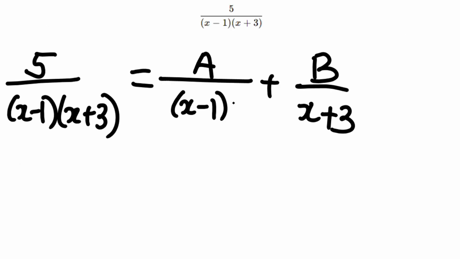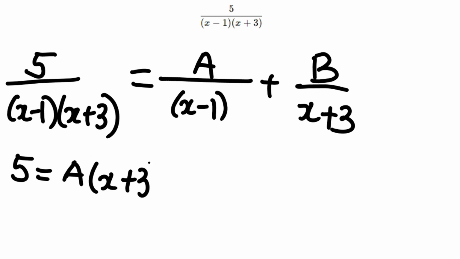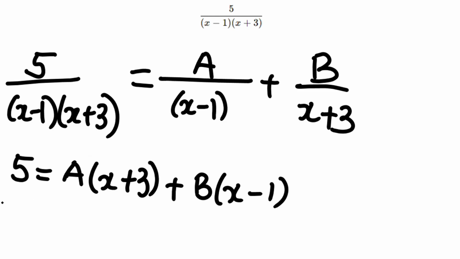For this example too, we are going to use this multiplied by this, right? So I'm going to have 5 equal to, when you do the simplification, you will finally get a multiplying x plus 3 plus b multiplying x minus 1. So now you say when x is equal to 1, that will be 1 minus 1, which will be 0.